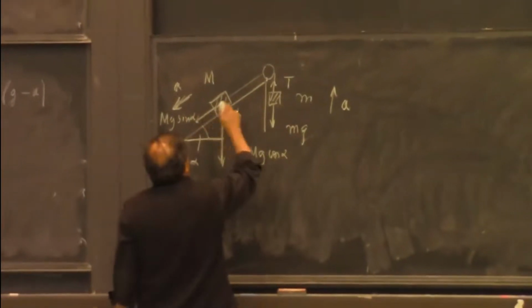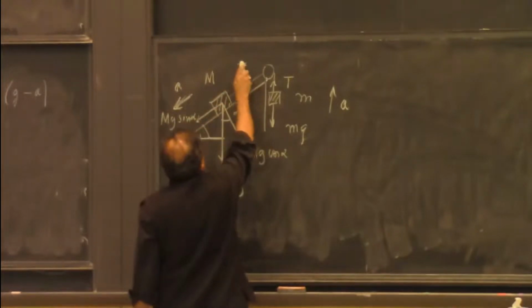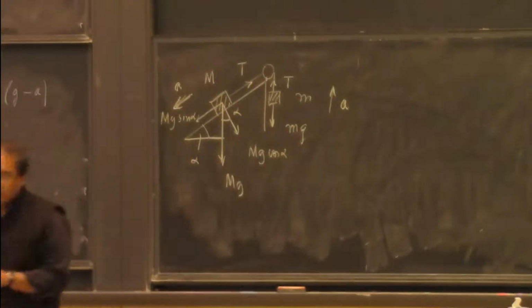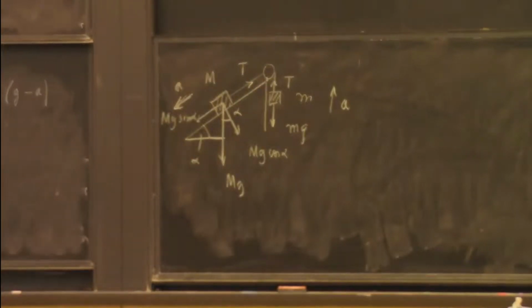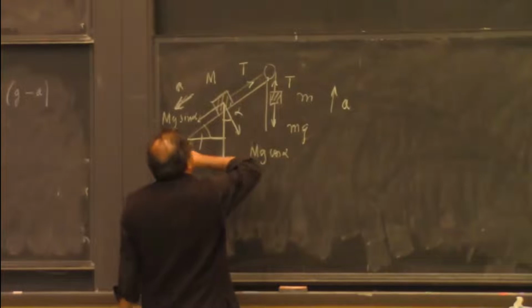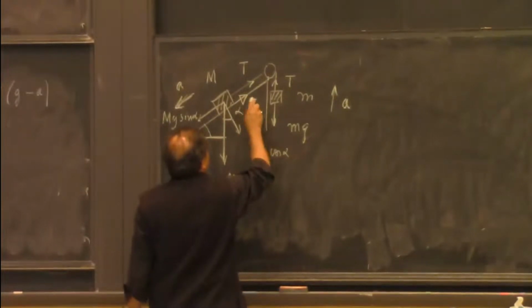So at any rate, as far as this guy is concerned, I have Mg sine alpha. I certainly have tension opposing it because the string, if you will, is preventing the mass from freely sliding down, right? So sliding down slower because of this tension T. And because it's going down, now the friction force will be that way.